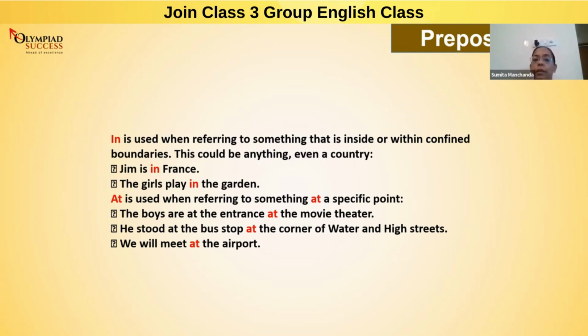He stood at the bus stop at the corner of Water and High Street. Now see, at the bus stop, again I am talking about a particular point. When I say at the corner of Water and High Street, I am talking about a street which has a corner, and at that particular corner, he stood.